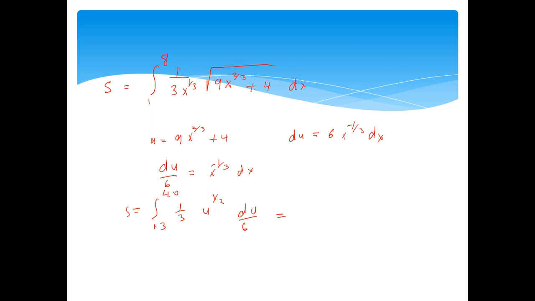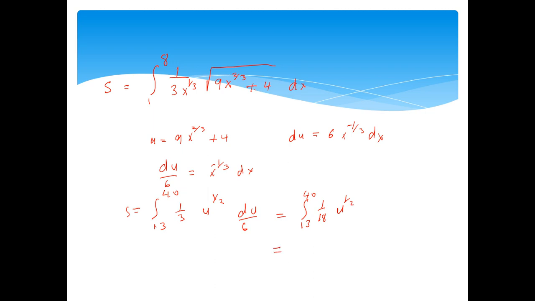That gives 1/6 times u raised to power 3/2 over 3/2, evaluated from 13 to 40.